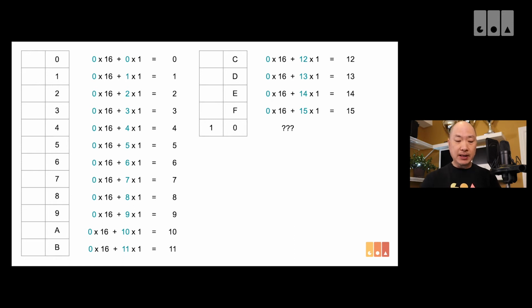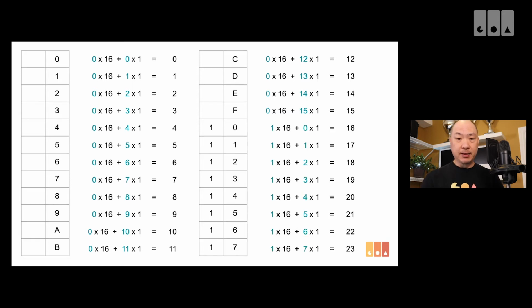Now we get to 1 0. Now we would like to call this 10 usually, right? Because that's how we write 10, but in base 16 we can't call that 10 because the number 10 means 10 items. So here we would say this is 1 0. So in hexadecimal, the number 1 0, what does that represent? As we said earlier, the number 1 0 means that we've rolled over.